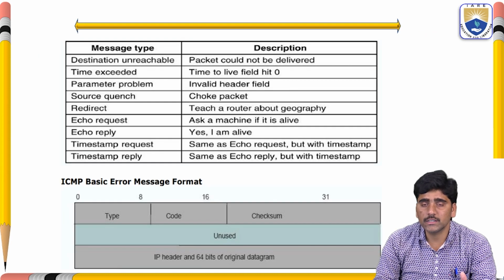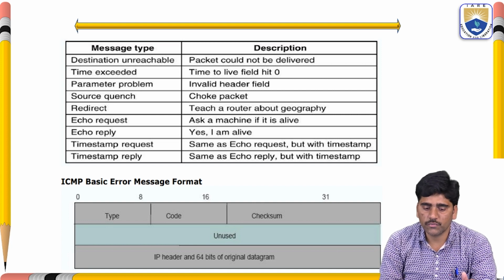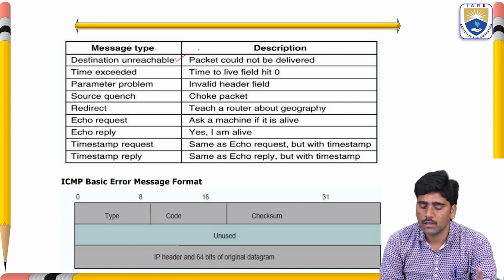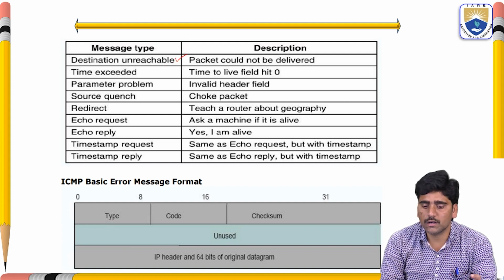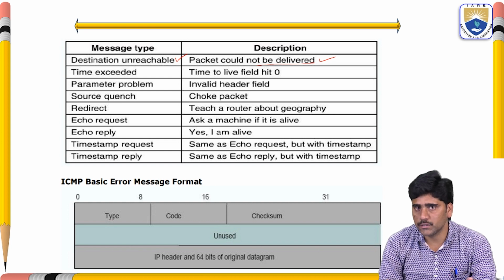And we can see here the different message types and the description of each. The first one is destination unreachable. It says that the packet could not be delivered, that is, the packet is not able to identify the destination side.